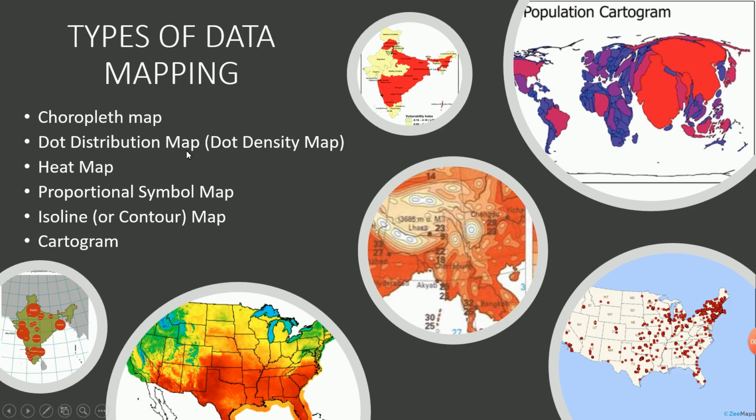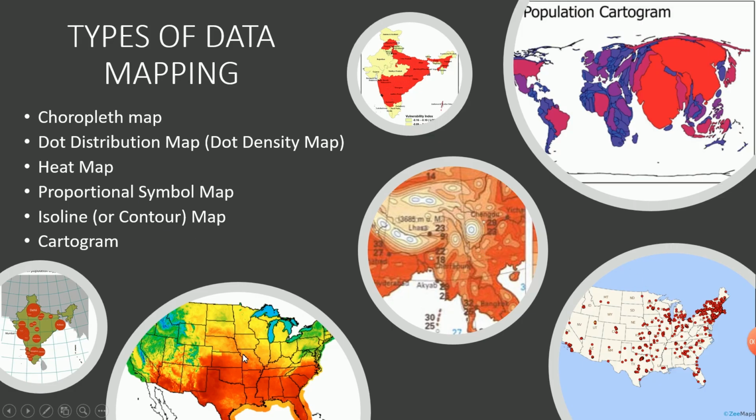Next is dot distribution or dot density map, that is here. See this USA map. Based on my data collection, I have plotted the dots over the map. Then I found out this particular region has more dots when compared to another region. So this is the dot distribution map.